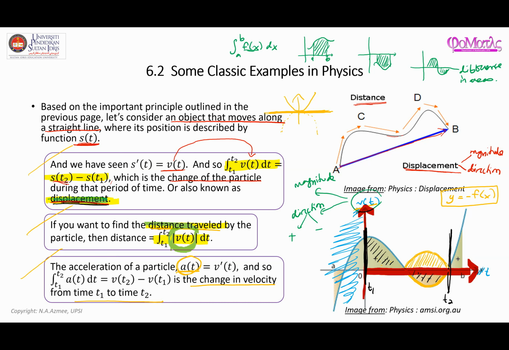You can find the integral of that. When you integrate acceleration, you will get velocity evaluated at time t2 and t1. The difference of this is the change in velocity from time t1 to time t2.